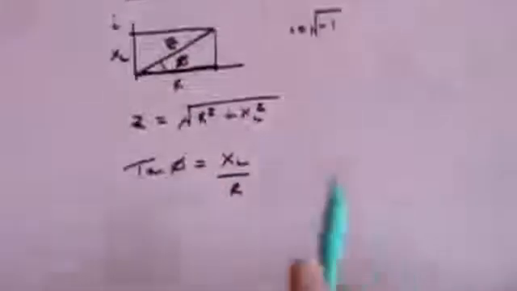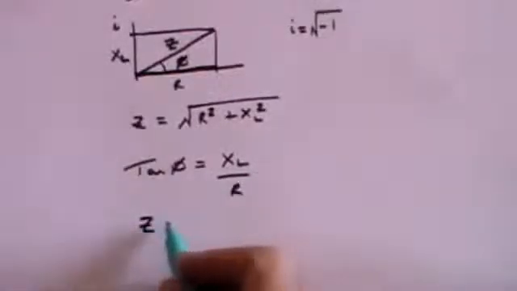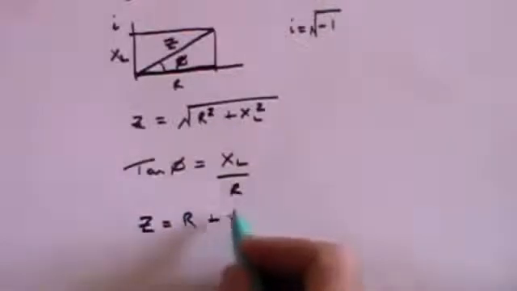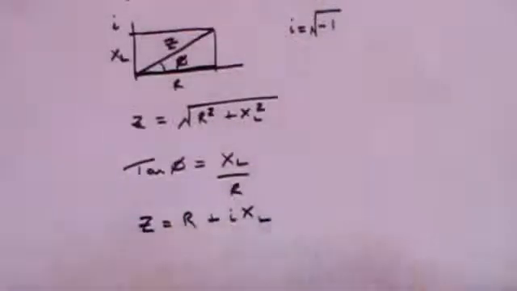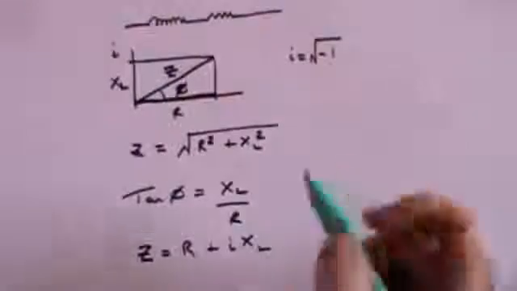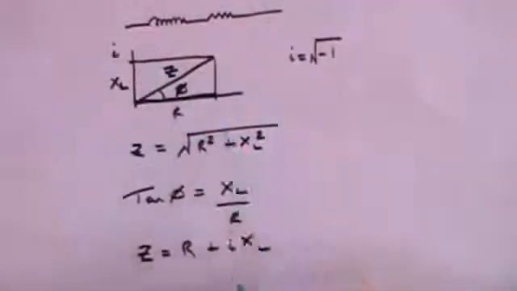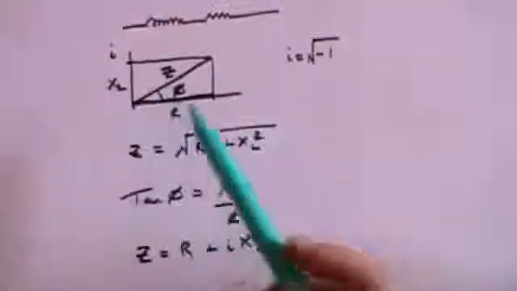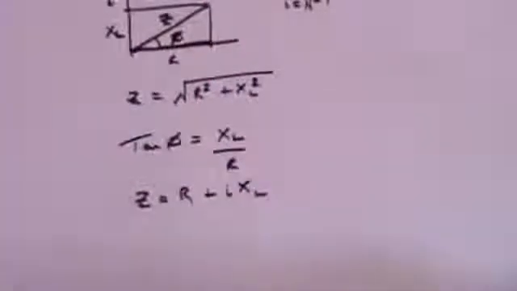And this means that we can say in vector terms that the impedance Z is equal to R plus iXL. That way we've kept the two things entirely separate, because you can never mix real numbers and imaginary numbers. It's just a mathematical device. There's nothing imaginary about the reactance. It's just a mathematical device to keep the two entirely separate.